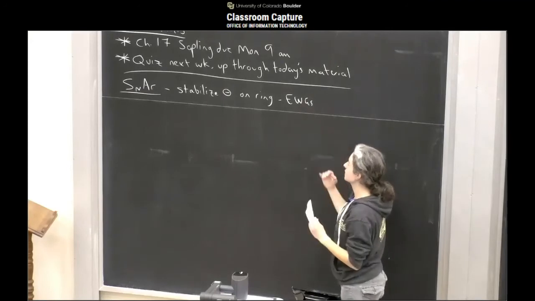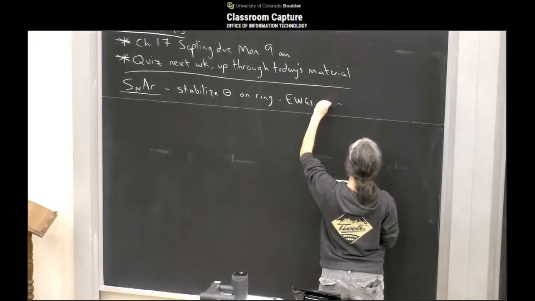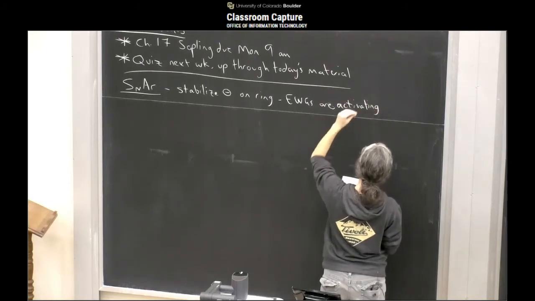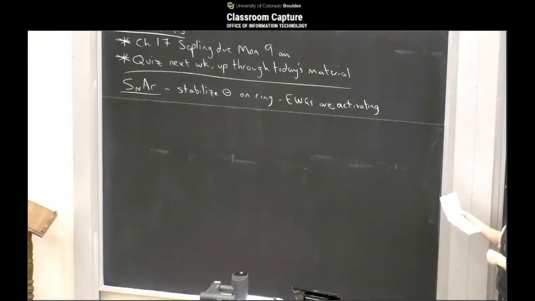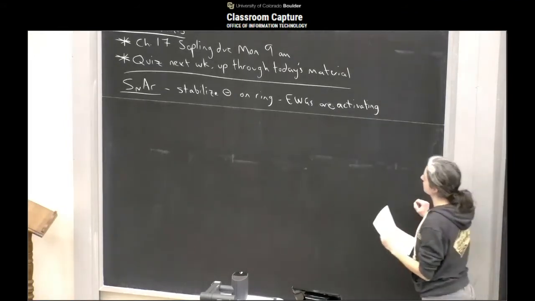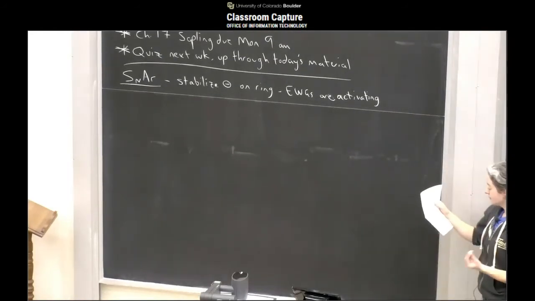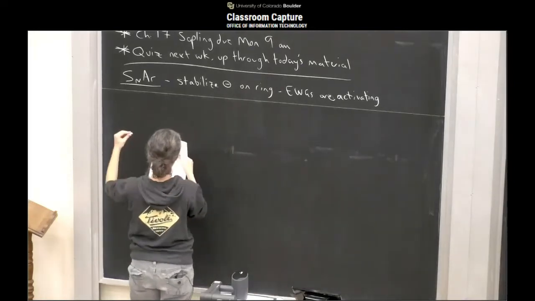Electron withdrawing groups are actually activating, so they help pull out some of the extra negative charge on the ring and stabilize the intermediate.